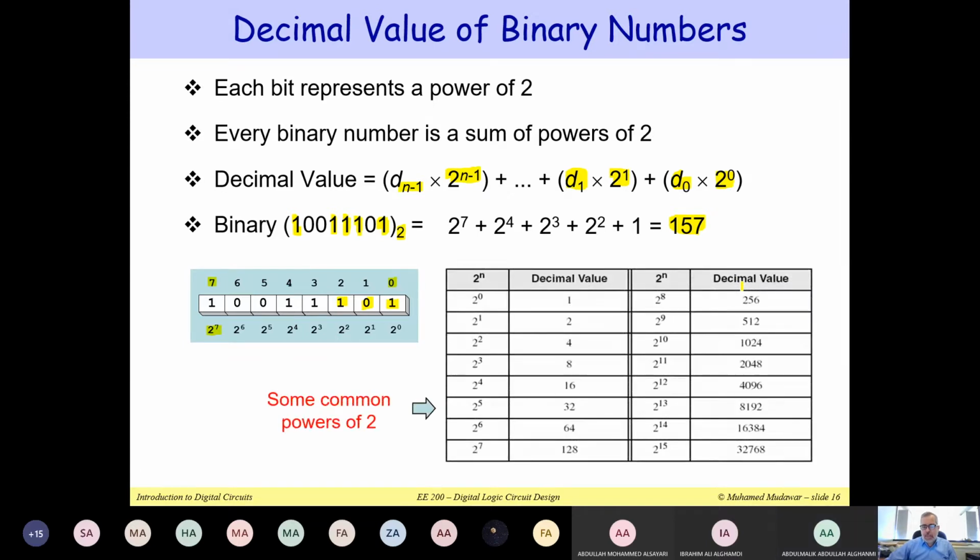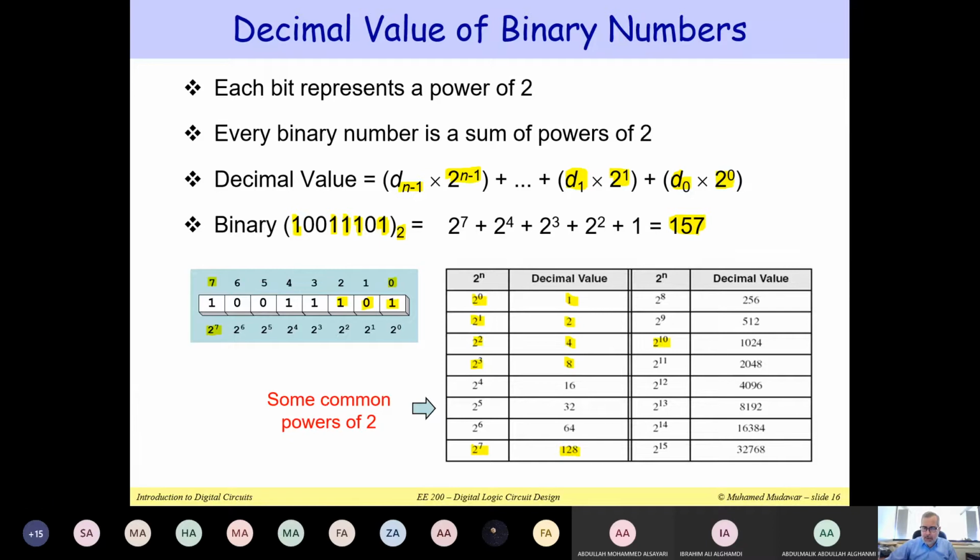So now it's actually important to remember this table. These are some common powers of 2. When we deal with numbers in binary, you have to remember the powers. So 2 to the power 0 is equal to 1. 2 to the power 1 is equal to 2. You see that these are the weights of the bits inside the binary number. 2 to the power 2 is 4, 2 to the power 3 is equal to 8, and so on. 2 to the power 7 is equal to 128.